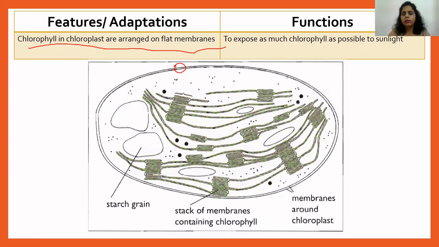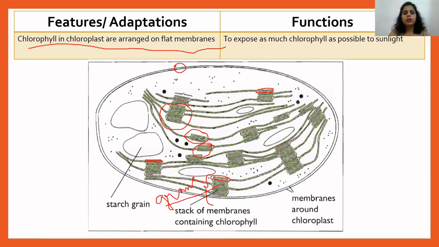Inside we have the liquid known as stroma, and then the stack of membranes is known as grana or granum. One fold of membrane is known as a thylakoid, which you have studied earlier. So one membrane is a thylakoid, and the stack of these membranes is known as grana, G-R-A-N-A. Grana is plural and granum is singular.